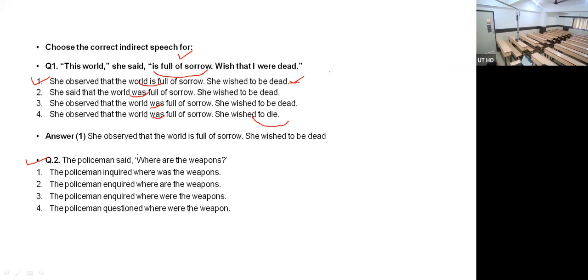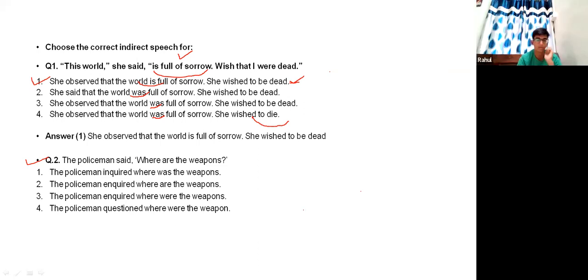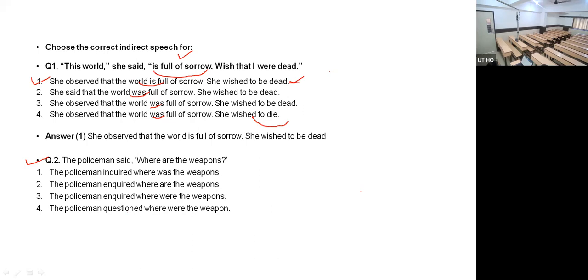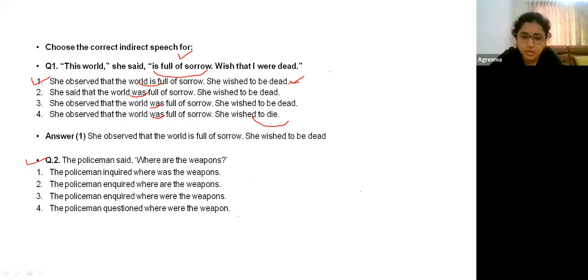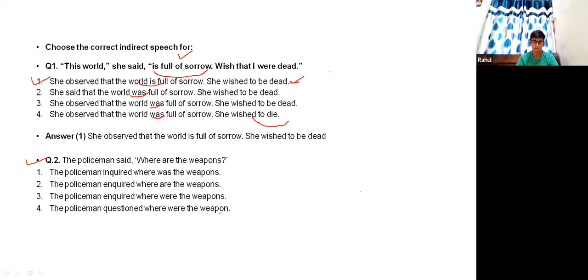Everyone thinks it is number 3? Number 4 also. It could be number 4 too. "The policeman questioned, where were the weapons?" The weapon, it's written as "weapon" instead of "weapons."